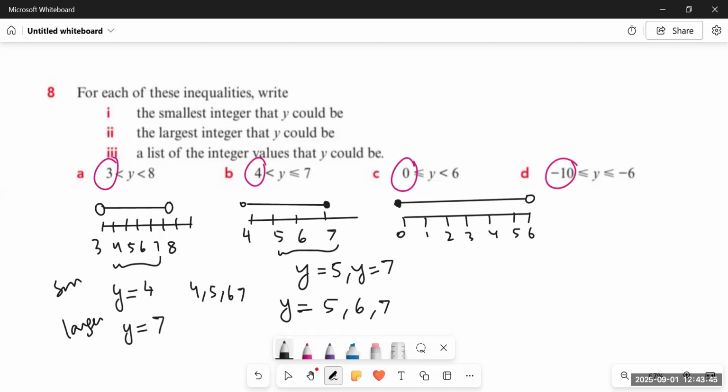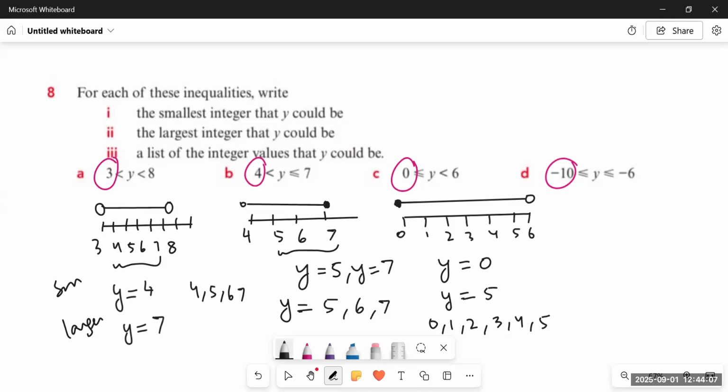So we will only color 0. So the smallest number would be 0 because it includes 0. And the largest would be 5 and not 6 because it does not include 6. And the list of integers that are included are 0, 1, 2, 3, 4, and 5. 0 till 5. All the numbers will come from 0 till 5.